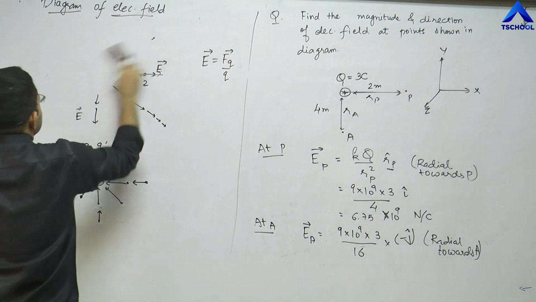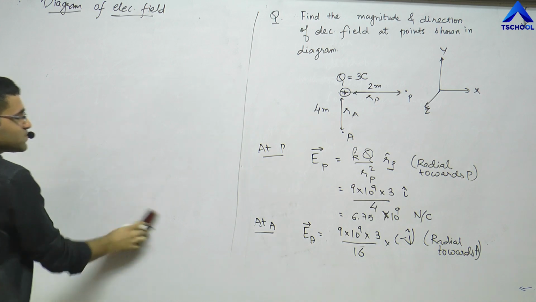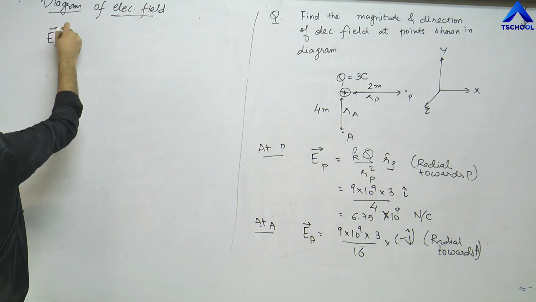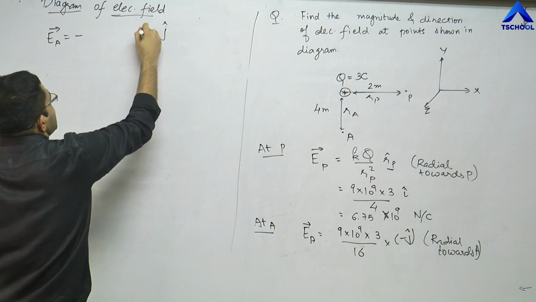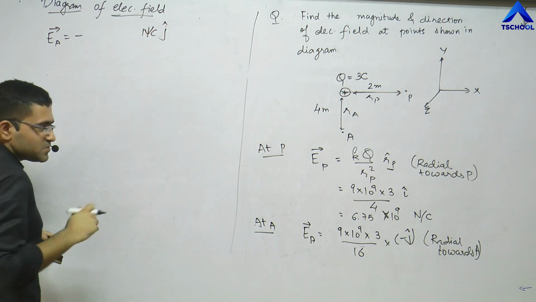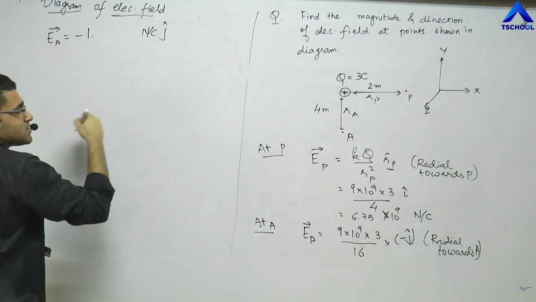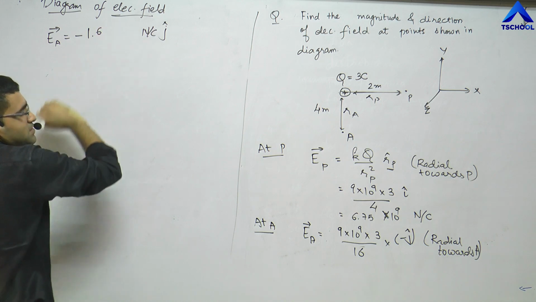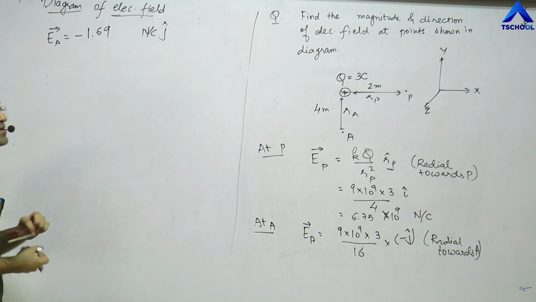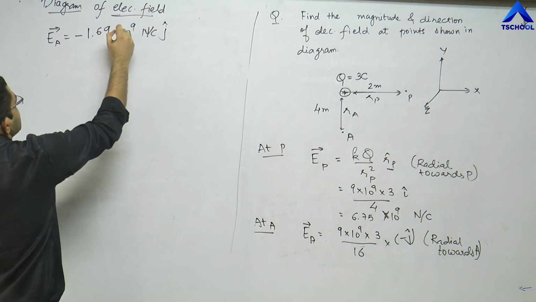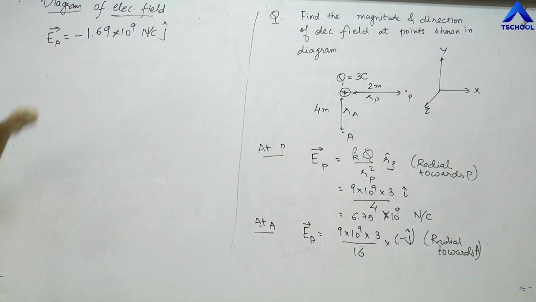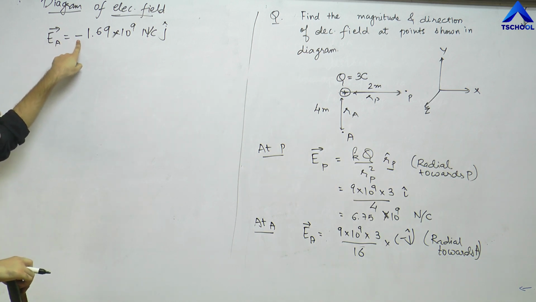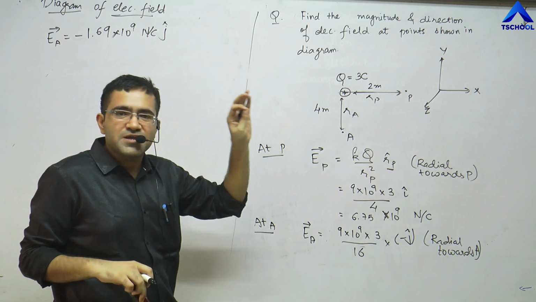Finally, if I do that calculation for you, EA vector is minus, roughly 1.69 into 10 raised to 9 j hat Newton per coulomb. This is the electric field intensity at point A, and minus j hat indicates the direction, right?